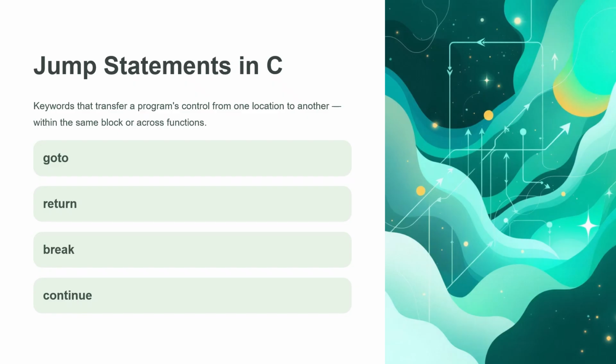The keywords in jump statements transfer a program's control from one location to another, either within the same block or across functions. We have four jump statements in the C language: goto statement, return statement, break statement, and continue statement.